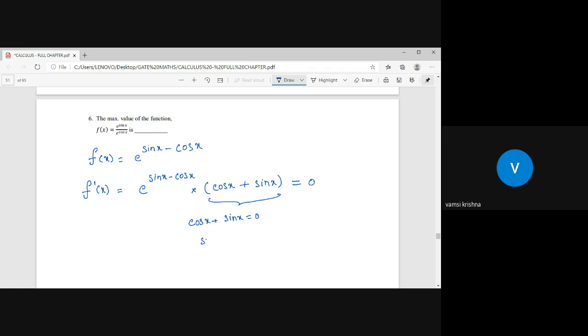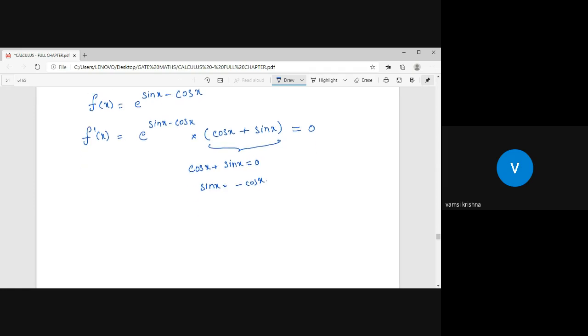It means that sin x equals minus cos x. And sin x equals minus cos x is possible for what maximum value? Yes, it is possible for the maximum value of root 2.